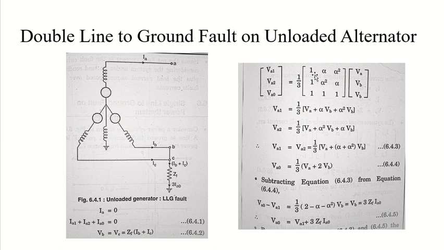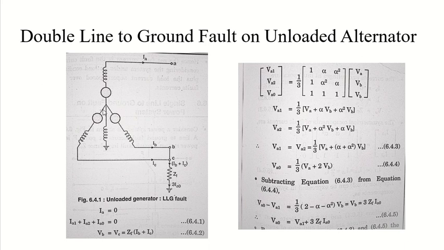We'll implement the same formula, and this time, instead of VB and VC, because both of them are equal, you can write either of them. So we are mentioning VB instead of VC. The matrix A will remain as it is, the rest of the things as they are, and you will be finding the values of VA1, VA2 and VA0.